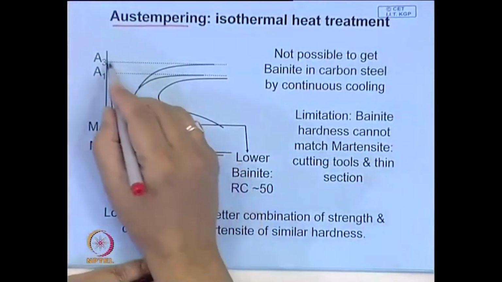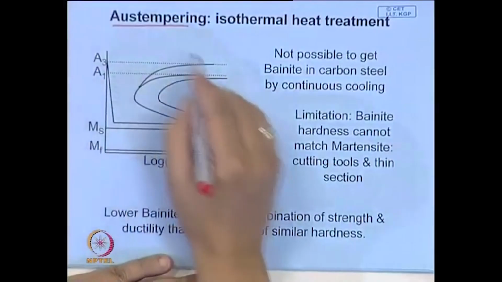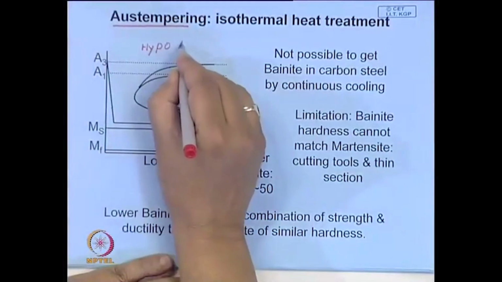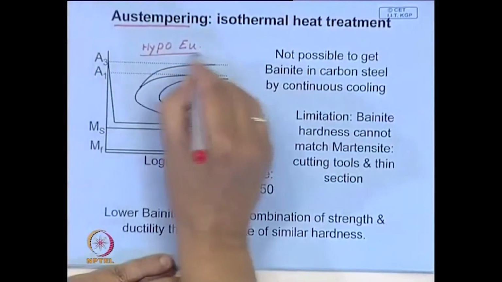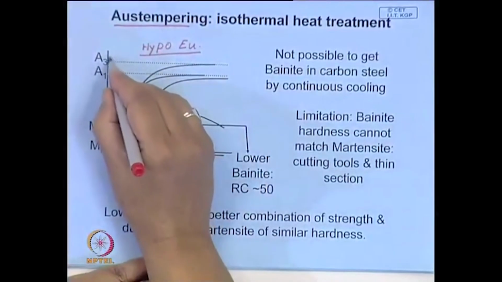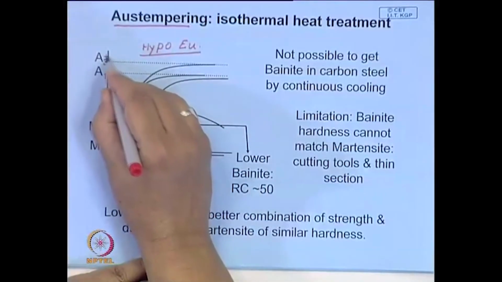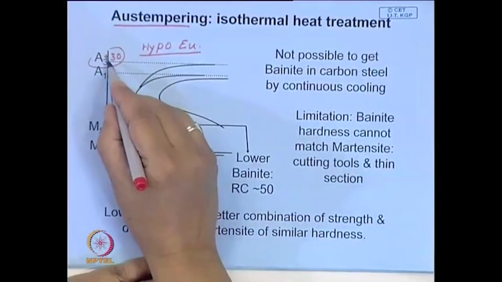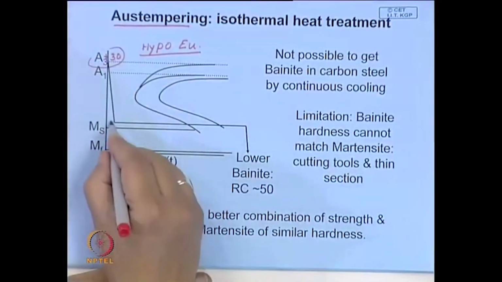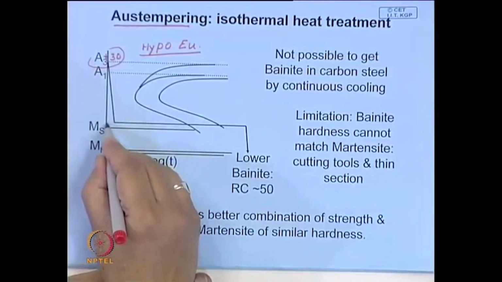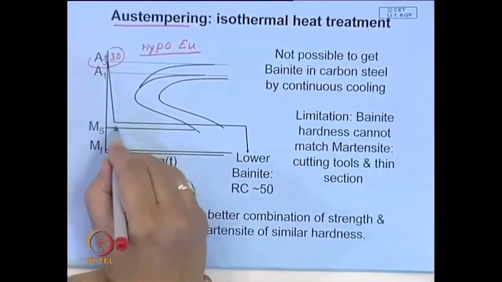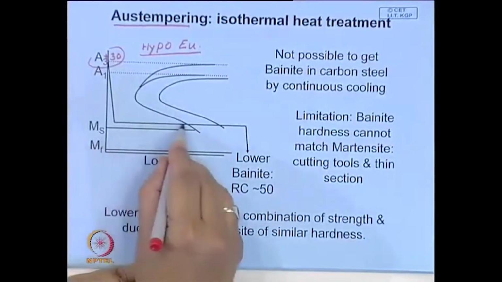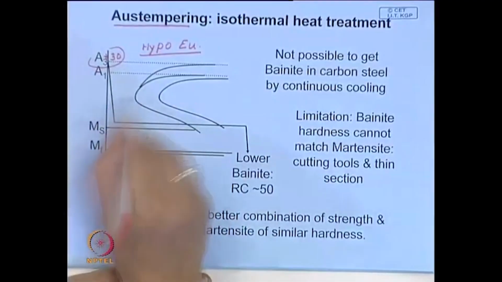If you look at the TTT diagram for a particular hypoeutectoid steel, you heat it to A3 plus around 30 to 40 degree centigrade, austenitize, and then you cool it to a bath which is maintained above MS. And here you see the transformation at this stage is rather slow, much slower than over here.